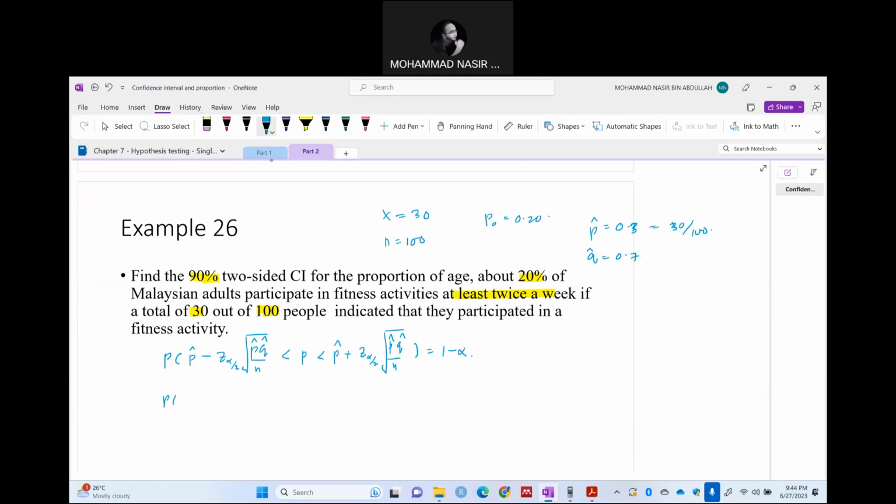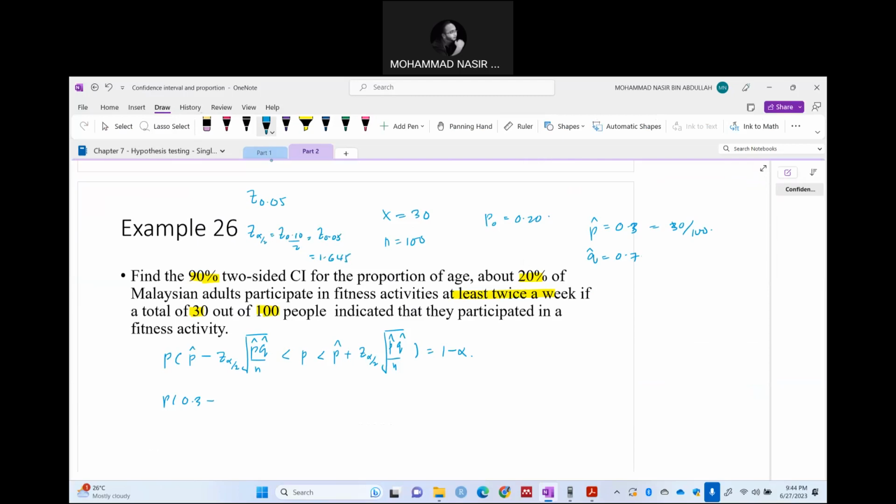So 0.3 minus Z alpha divided by 2, which is Z 0.10 divided by 2, so Z 0.05. This is 1.645, right?